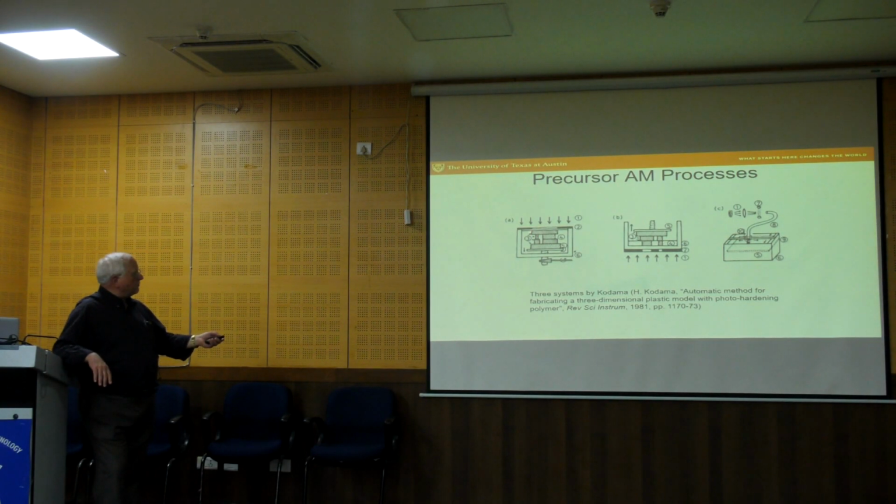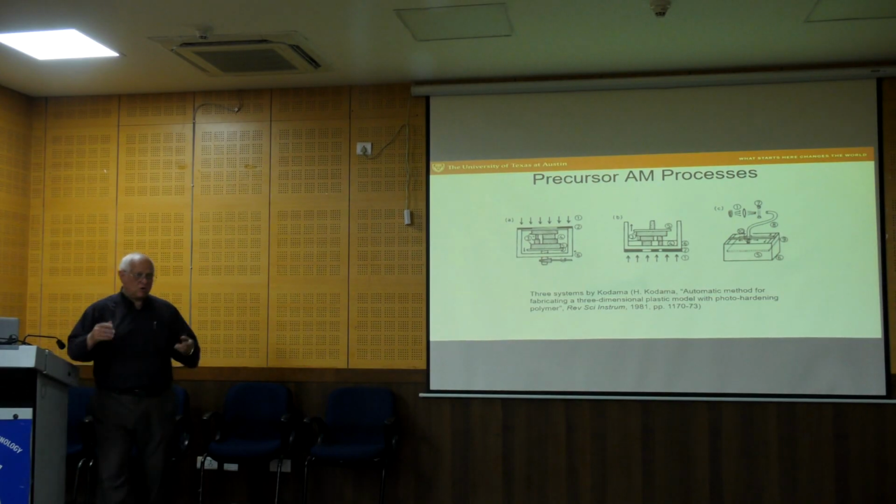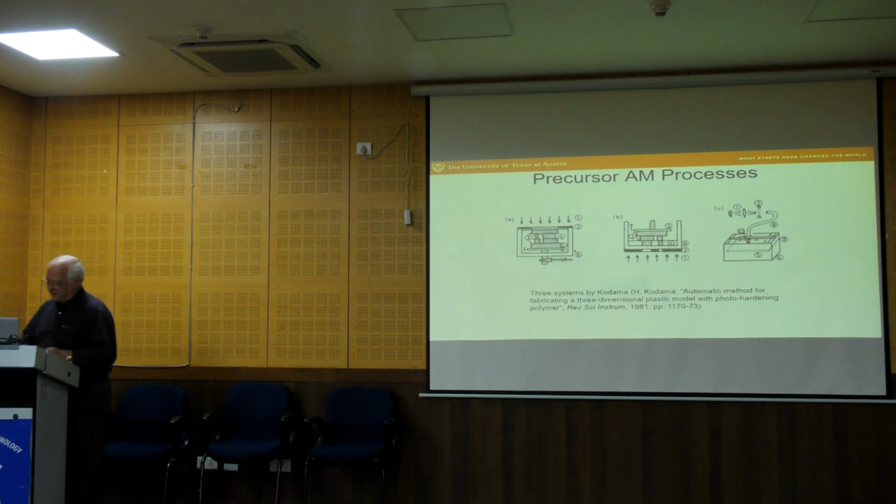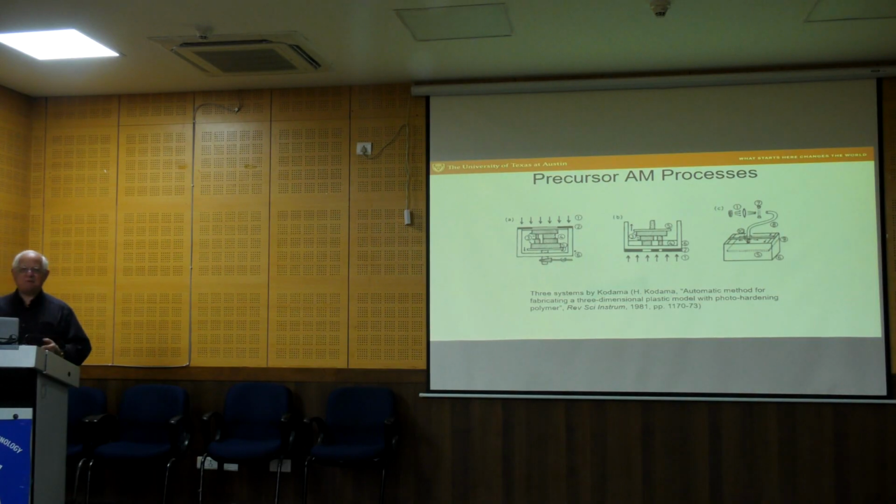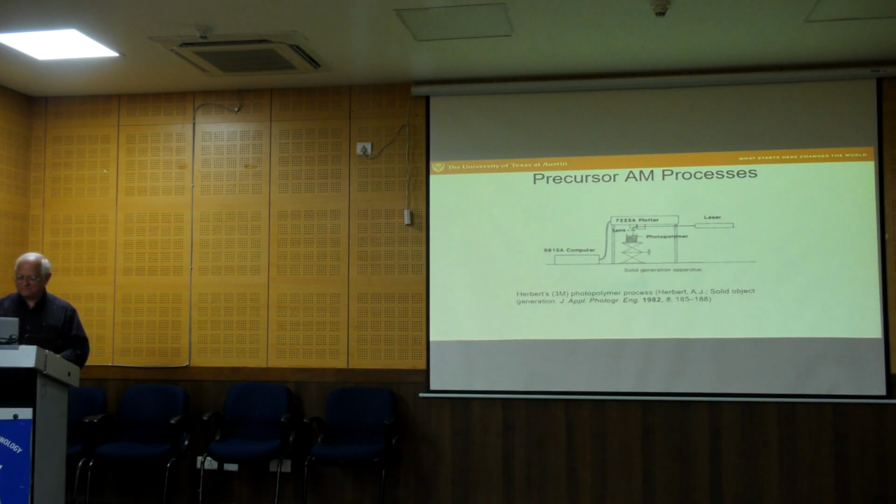He has sort of the window on top, which would be like our micromirror array approaches. He has a window on bottom, and the part's pulled up. This is like Carbon 3D's technology today. And then he also, of course, has the gantry approach with a point source, which is the way most stereolithography is done today. All done in 1981, but it did not go anywhere.